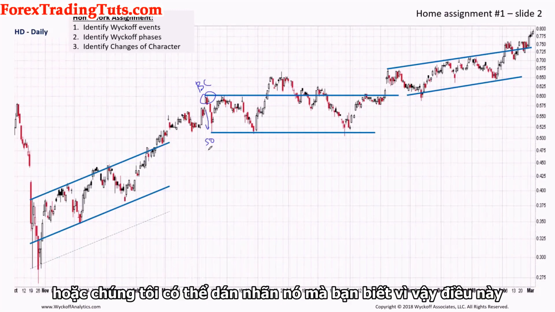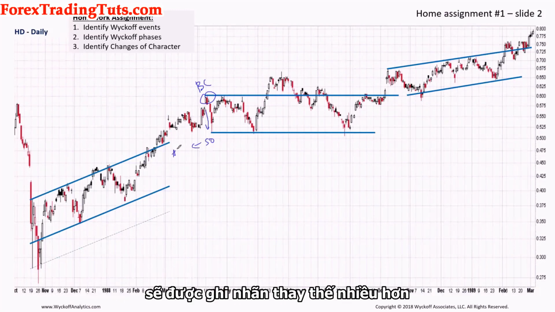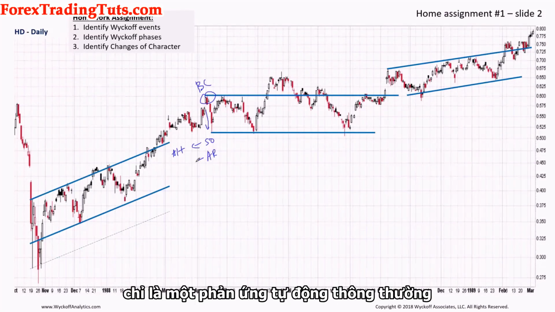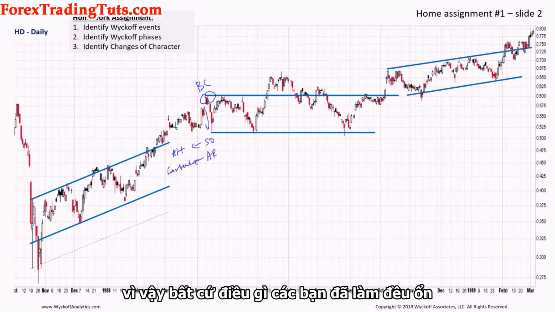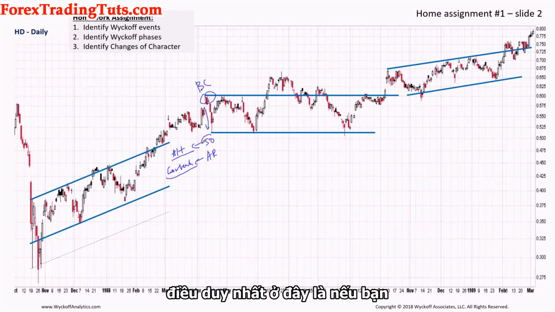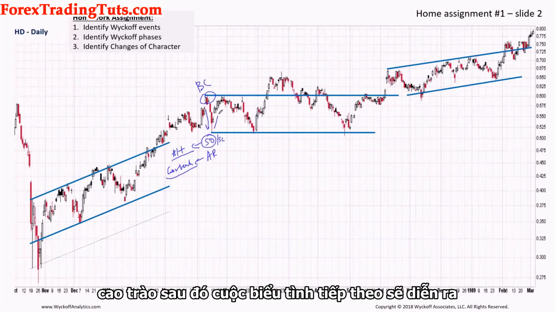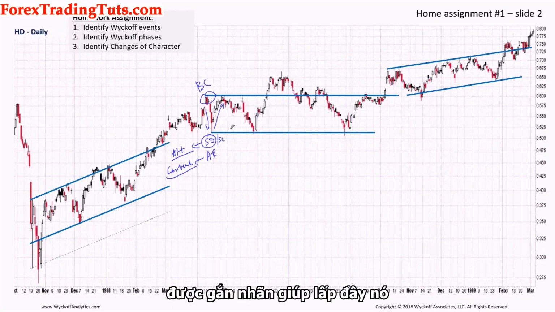Or we could label it, so this will be the alternative labeling. And then a more conventional one will be just a regular automatic reaction. So whatever you guys did, that's fine. The only thing here is if you're labeling this as a shakeout or a selling climax, then the next rally is going to be labeled how, Philip?